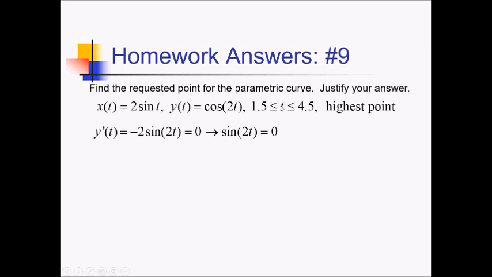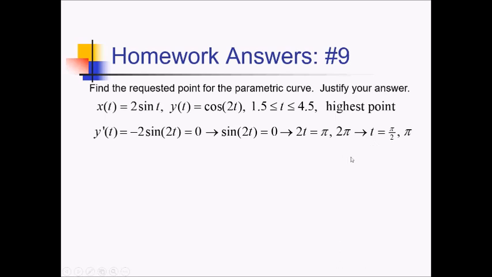Looking at my numbers here, probably pi and 2 pi are some good ones to have, but I could keep going if I needed to. And remember that when I do inverse sine, I now have 2t equals all this, not t itself. To get t itself, I have to divide all the answers over here by 2. So that gives me pi over 2, and 2 pi over 2 is just pi.